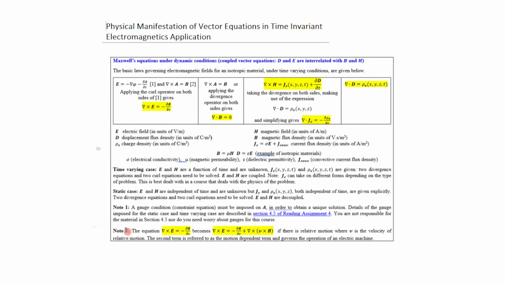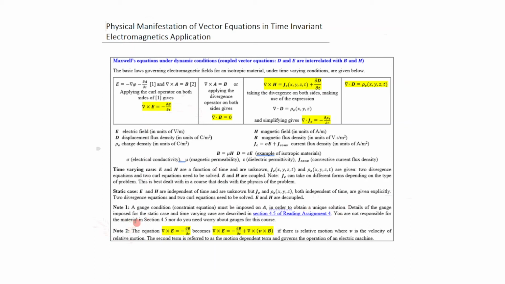Now, these are just details, and I'm not going to go into any detail, but we have something called a gauge condition, which is a constraint equation that we impose on A in order to obtain a unique solution. You'll notice up here we have a curl of A, but there's no mention of the divergence. So if you want A to be unique, you basically have to specify its curl and its divergence. Anyway, it gets more complicated than that, but I'm just mentioning there's more to it than meets the eye.